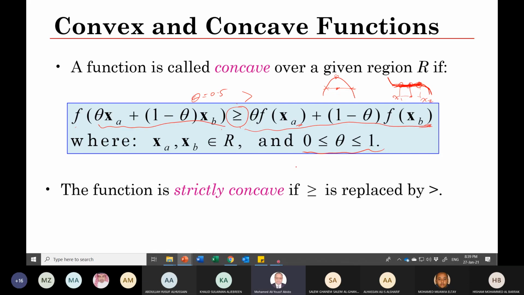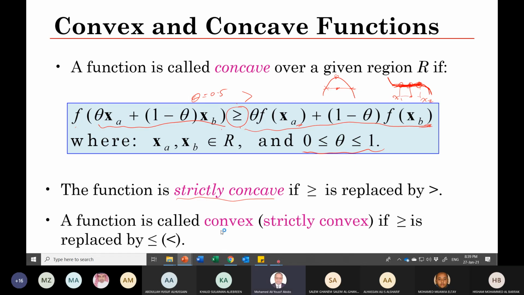If over the whole search space, the whole range that you are interested in, the function value of the midpoint or interpolated point is greater, in this case we call it strictly concave.